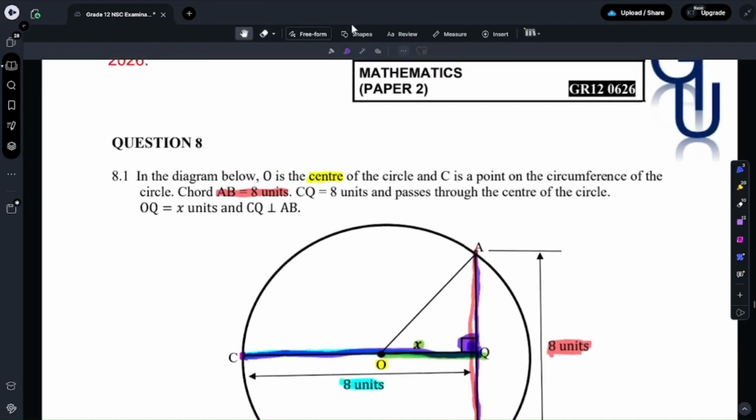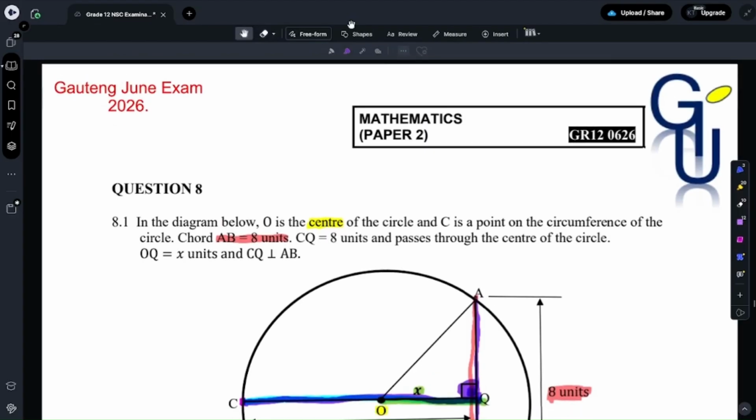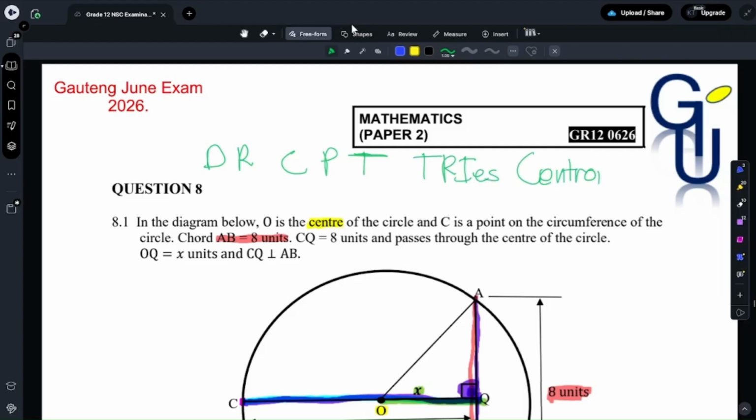Whenever you are dealing with a typical Euclidean geometry question like this one, always use this analogy: Dr. Cape Town thrice centroids.